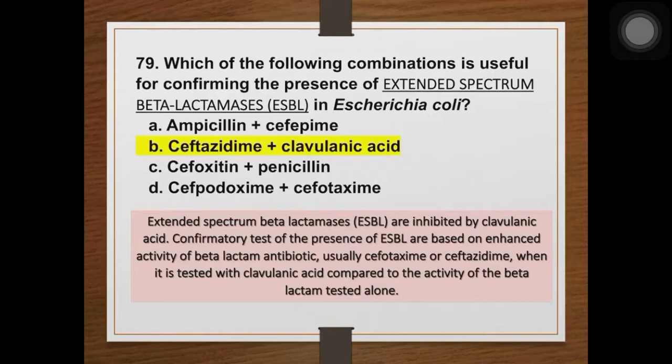Confirmation of the presence of ESBL is based on the enhanced activity of beta-lactam antibiotic when it is tested with clavulanic acid compared to the activity of this antibiotic when tested alone. So, beta-lactam plus clavulanic acid to confirm ESBL. 79, correct answer, letter B.